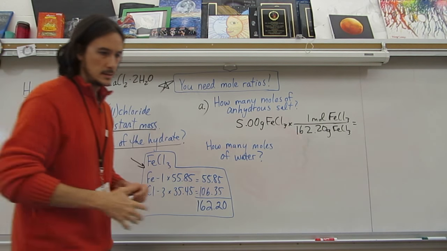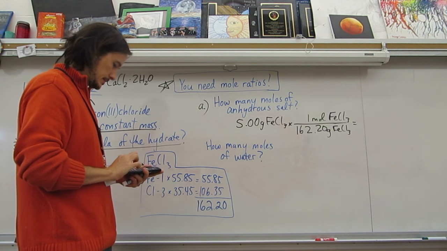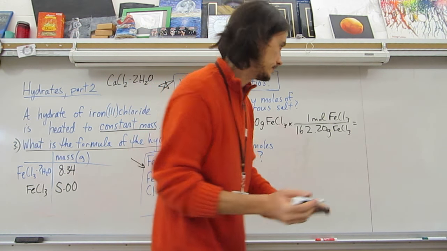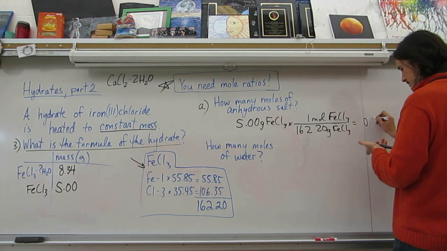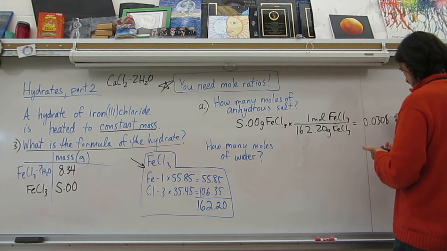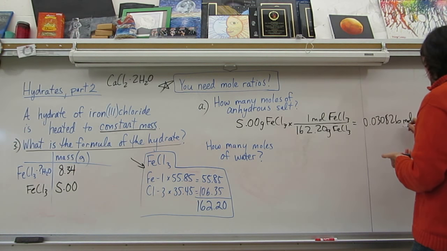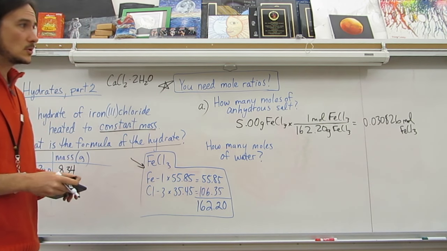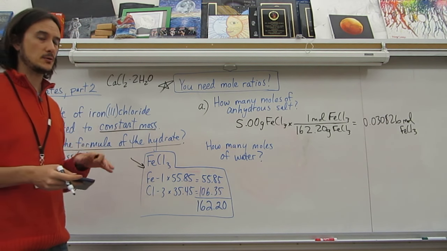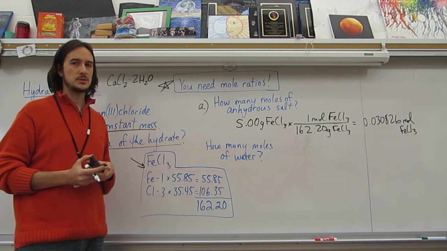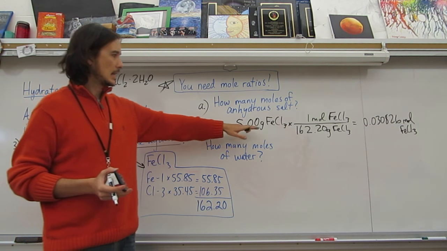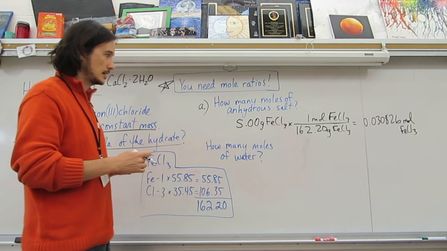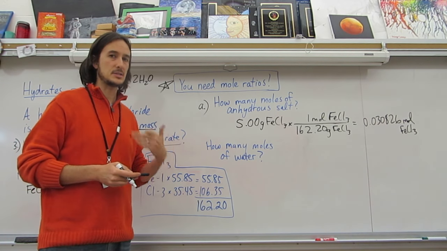Okay, we'll do that. 0.030826. Don't round this. Be careful. Sometimes you see a really small number and you tend to want to round it. Make sure you keep plenty of sig figs. I would keep at least 3, but I wrote 5 there. I'm going to need that number.